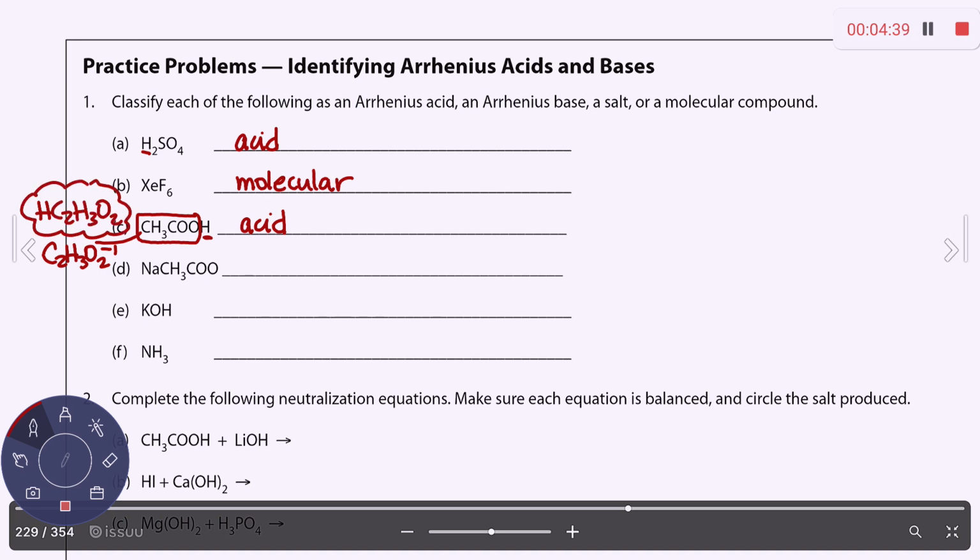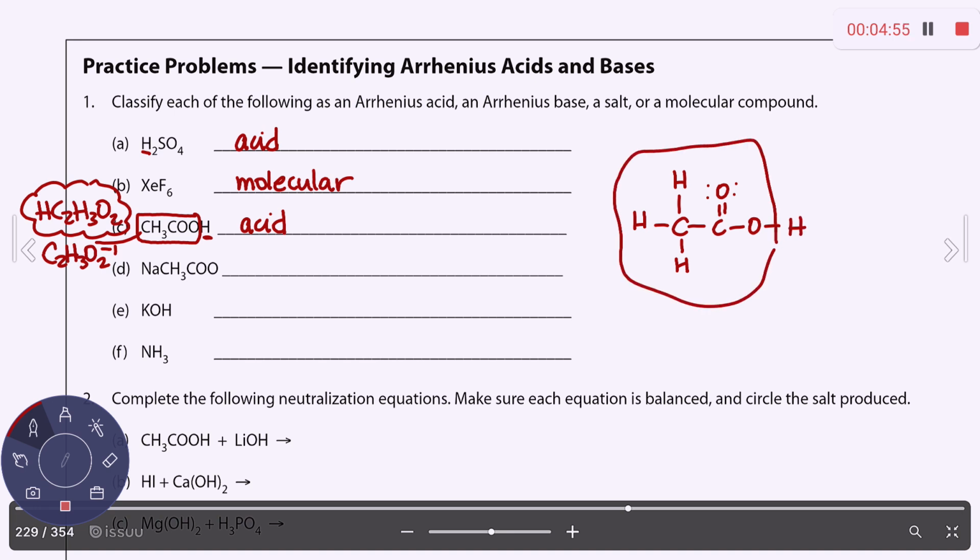Your book tends to write it as CH3COOH. The real reason why they do that is because this is CH3COOH. Okay, so this all goes together structurally, and then here's that hydrogen ion attached to it. Does that make any sense?